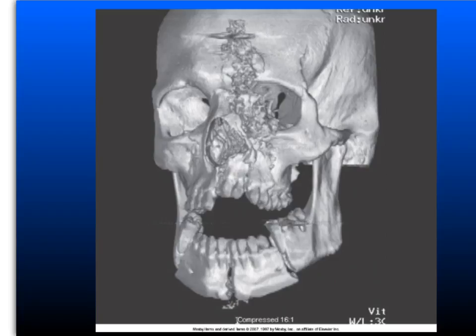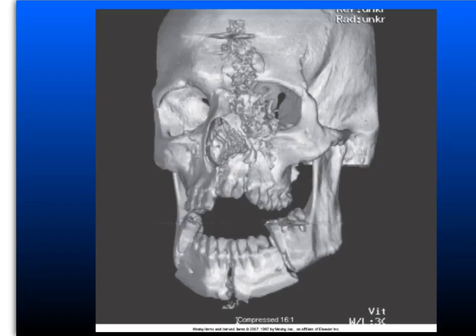Have you ever seen something like this? This is actually a CT reconstruction, a 3D reconstruction of the head. They were doing someone's CT head, and the patient had a gunshot wound in the head.